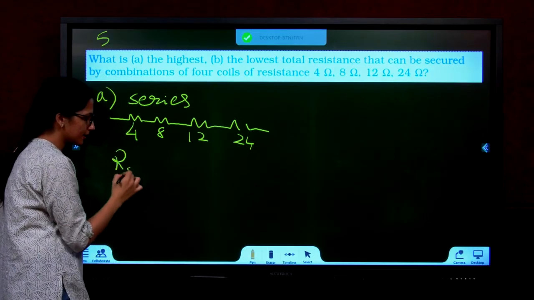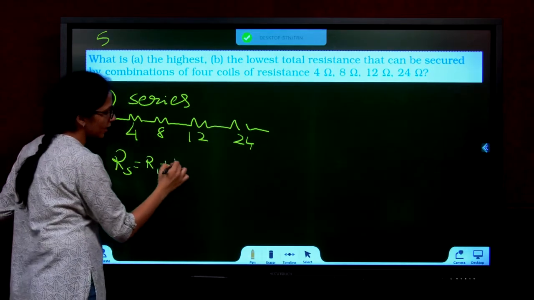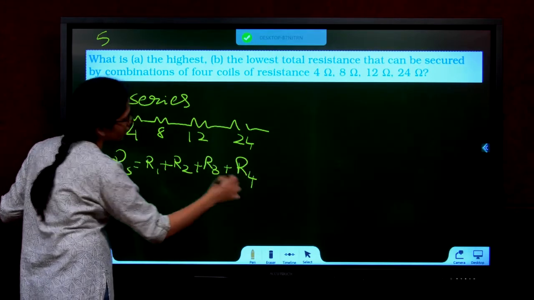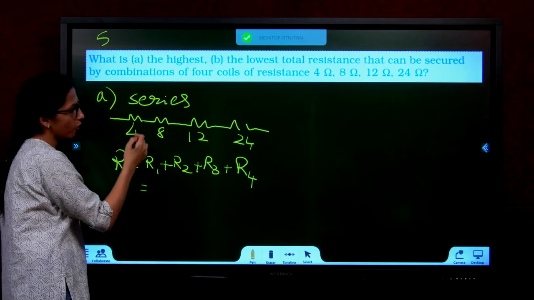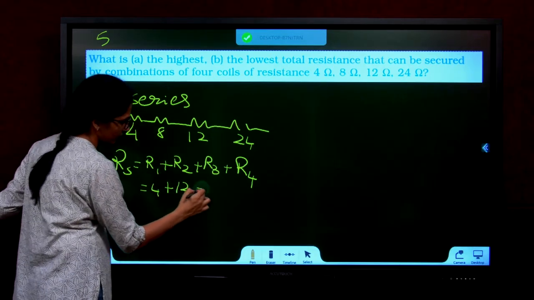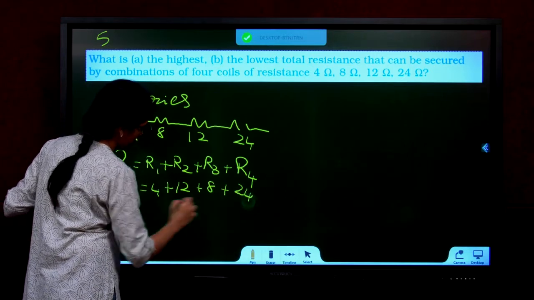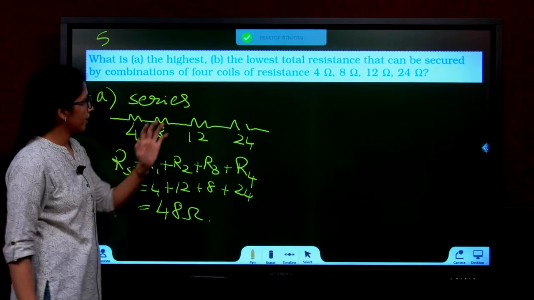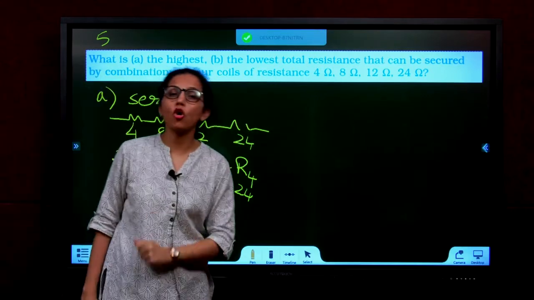So what will be RS? R1 plus R2 plus R3 plus R4, 4 plus 8 plus 12 plus 24. Adding everything, 48 ohms.